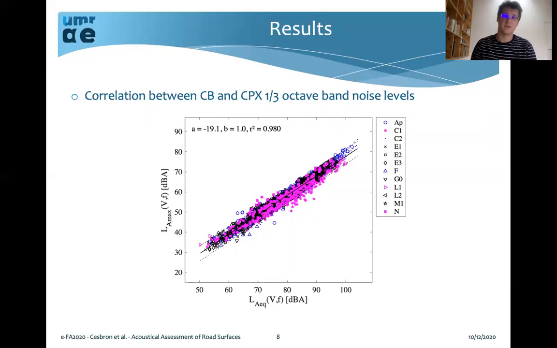Before, we did this study from 65 to 110, and we obtained a good correlation. And here, this is confirmed for urban speeds below 65 kph. So in the following, I will only do the analysis from the coast-by noise level.